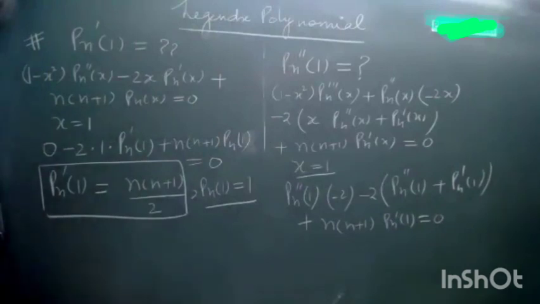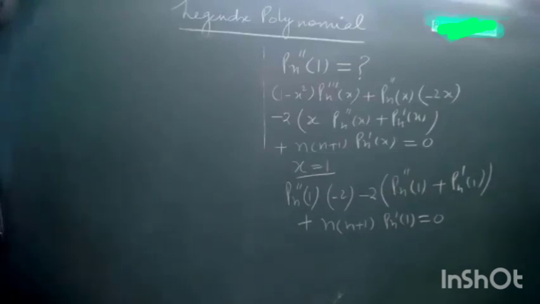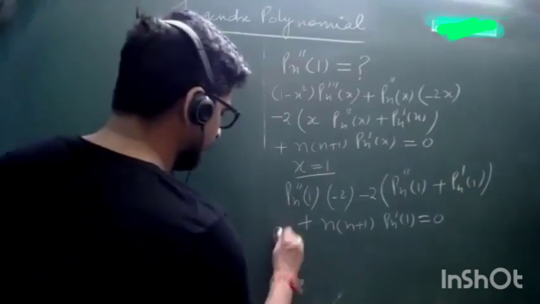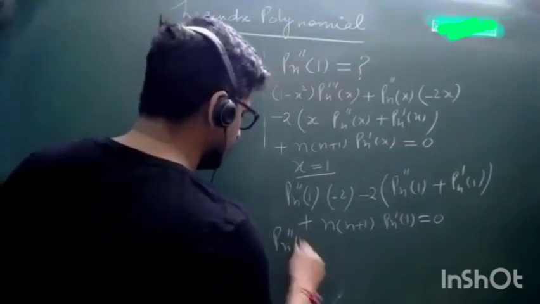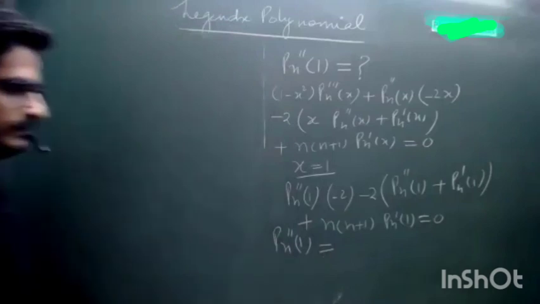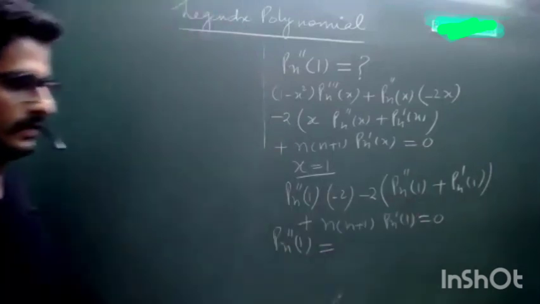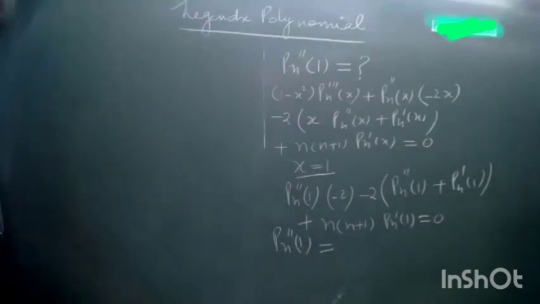Look, tell me the value, calculate it first properly. Calculate this quickly and tell me what is the value of this Pn double dash 1. And you already know the value of Pn dash 1. You have calculated it in the previous question.